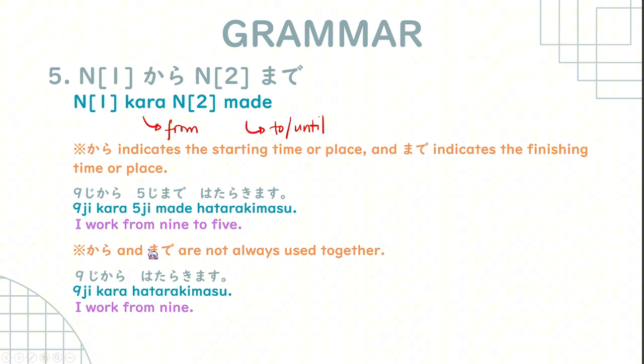And then we have a reminder that kara and made are not always used together. Sometimes they are used separately on their own. For example, we have 9時から働きます. I work from 9.